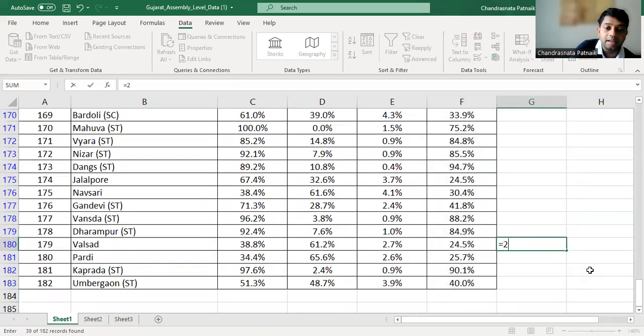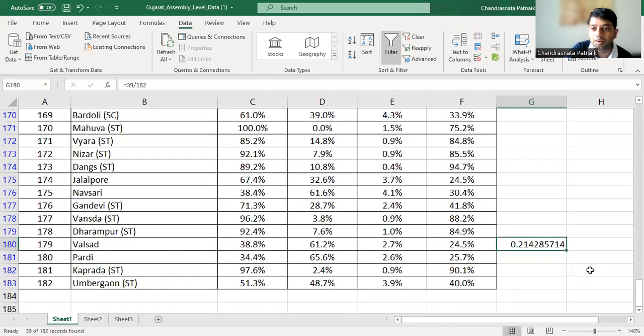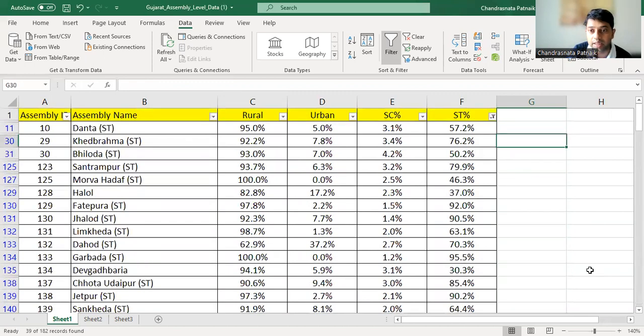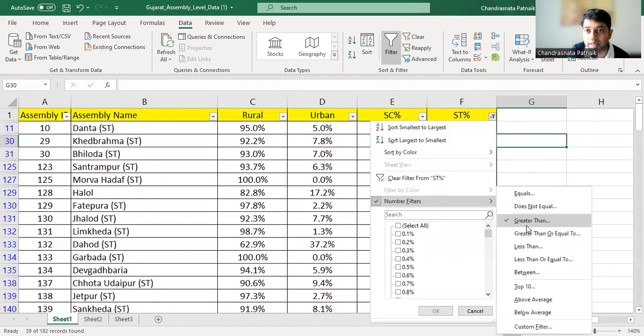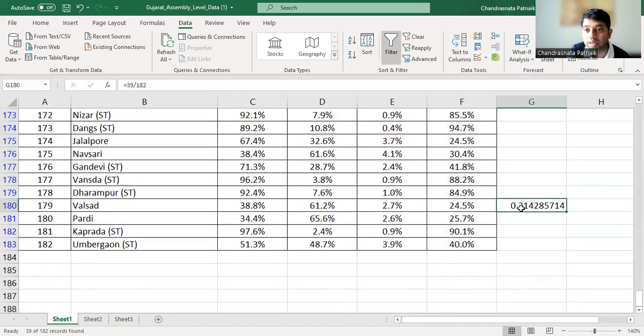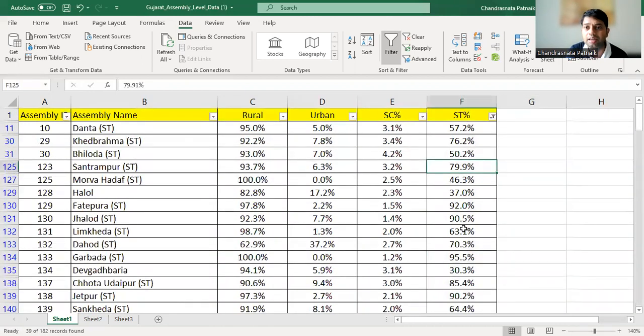That means almost 22% of the seats have an ST population greater than 20%. So that's why the ST vote is probably so crucial in this election.